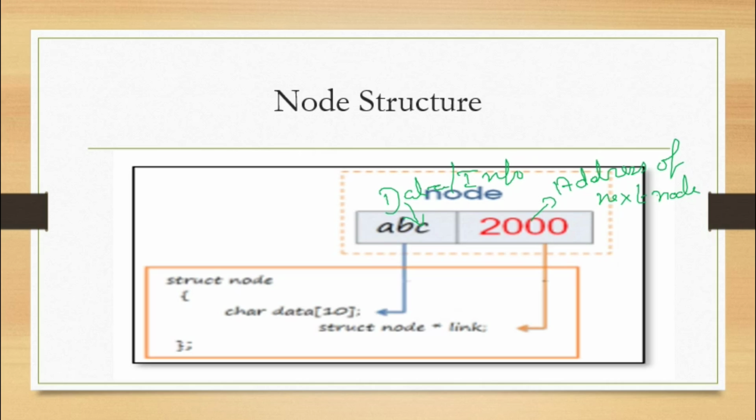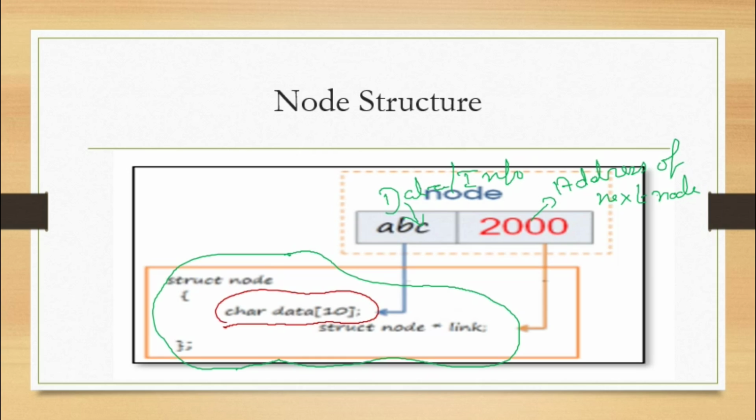So students, how do we define the structure? For that we use struct node. This is the common syntax which we use in all the linked list programs for defining a node. Here this is char data[10]. This is for defining the data field, and this is for defining the address field.